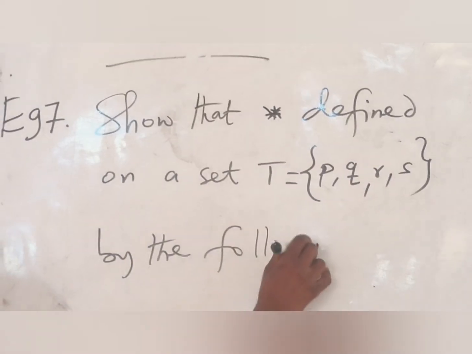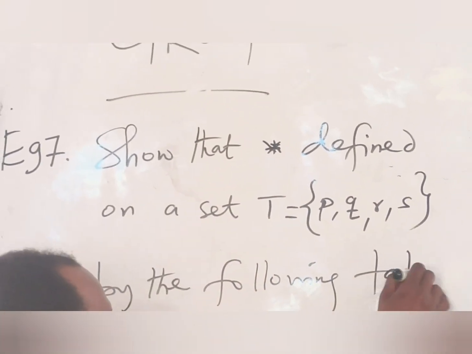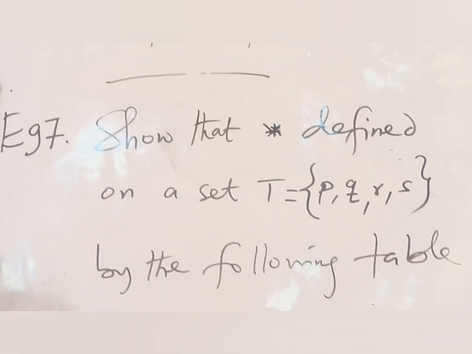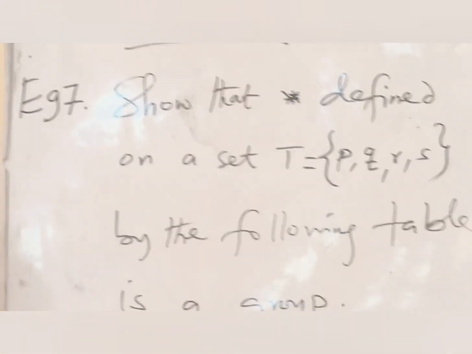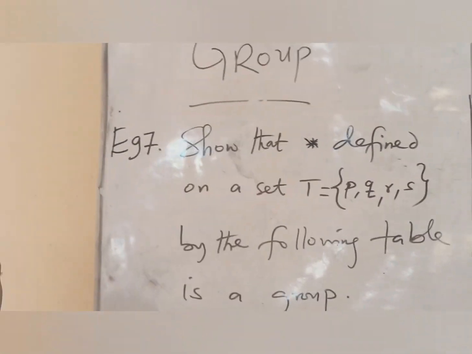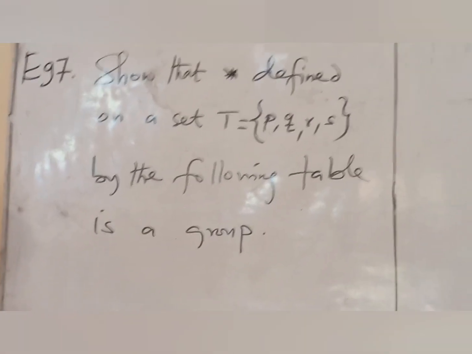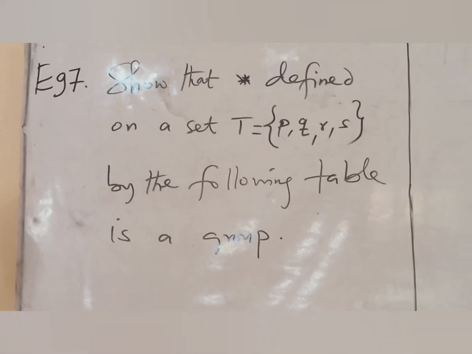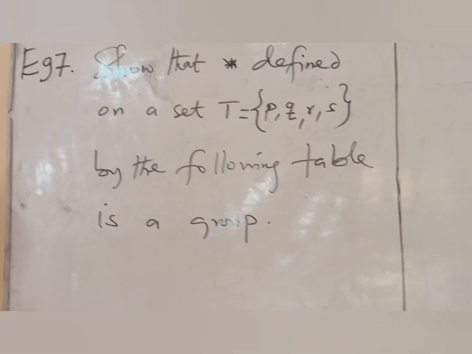Get out the table. It's a group. Right here is a group. I will show that star is defined on a set T equal to P, Q, R, S by the following table. So that means they have given us a table, right?